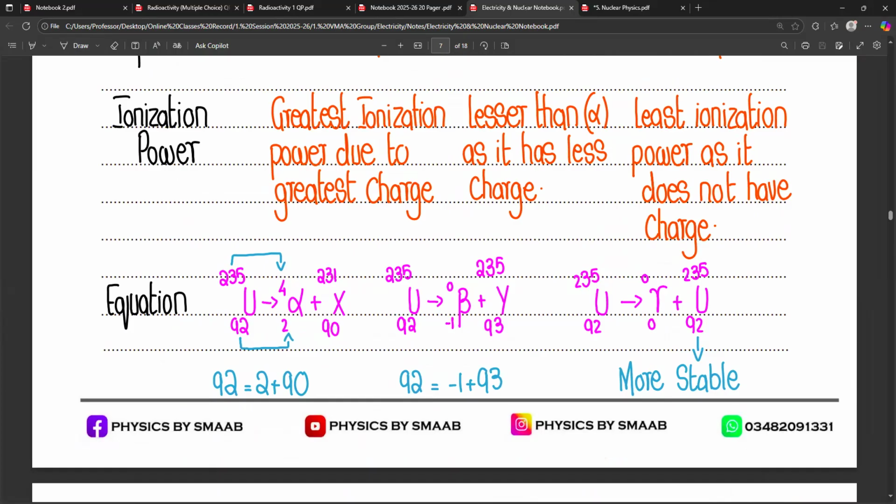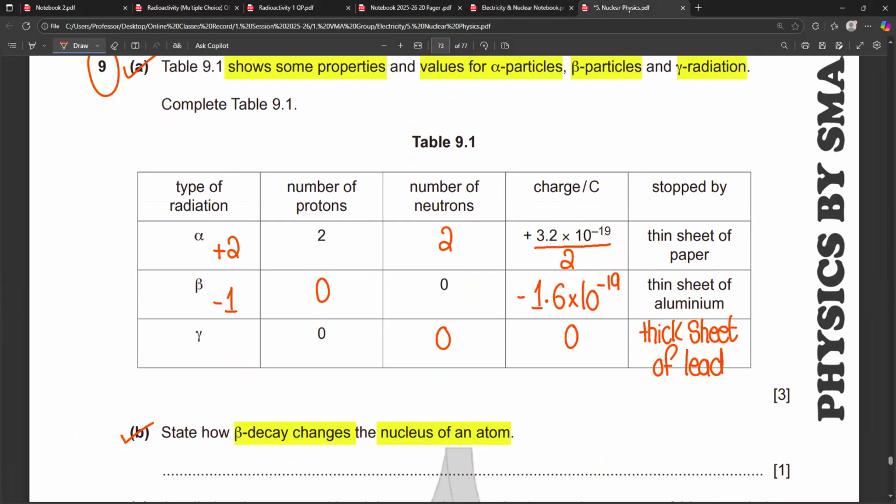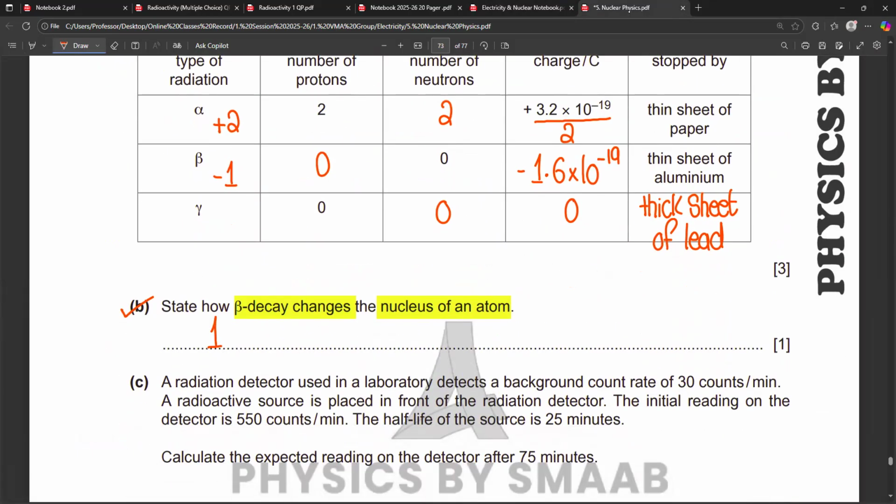Basically, the change in the nucleus takes place like this: one neutron converts into one proton and one electron.